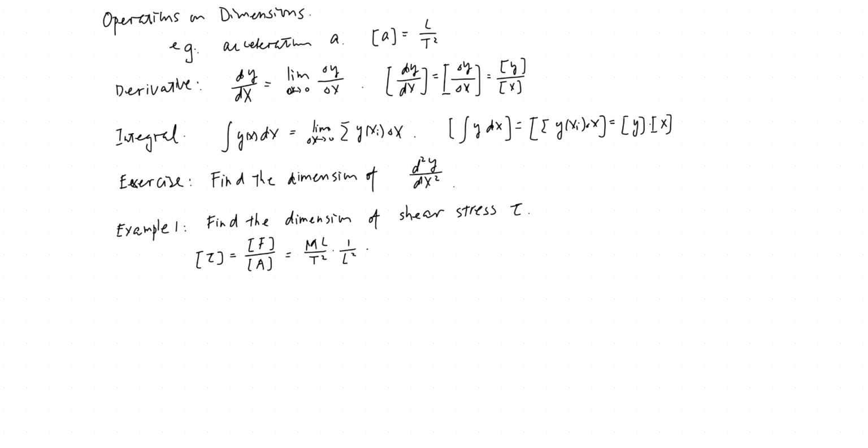And then you will get mass over length times time squared. This is the dimension of shear stress. It's also the dimension of pressure. In SI units, it is 1 Pascal. It's also the same as 1 kilogram per meter second squared.